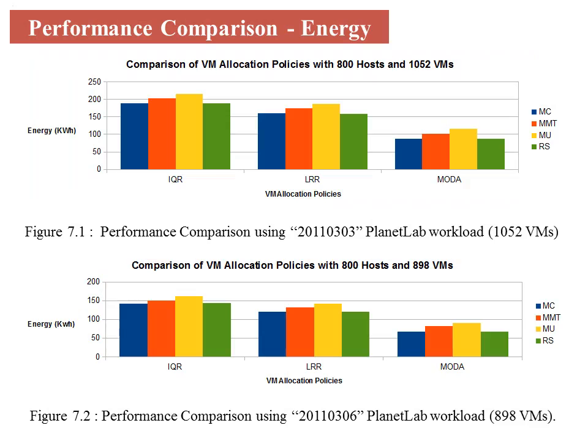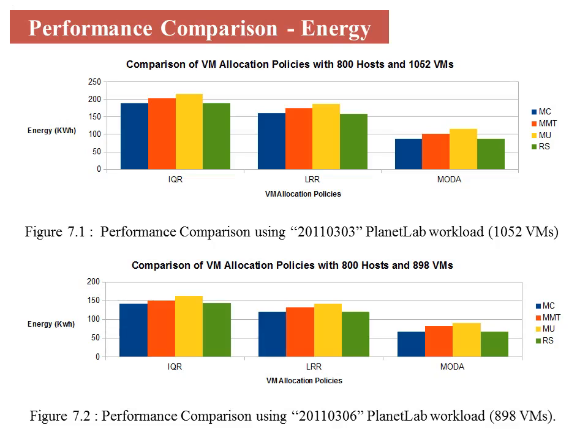And finally, I want to show you this graphical representation of the MODA technique in comparison with the IQR and LRR techniques. From the comparative table, we have plotted the graph here, showing that MODA, in terms of energy, number of VM migrations and other parameters, outperforms the IQR and LRR techniques by a stupendous difference.